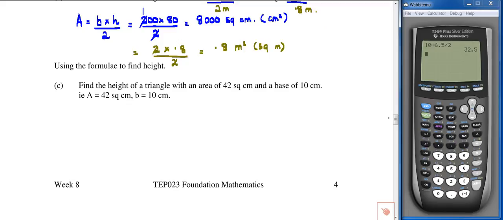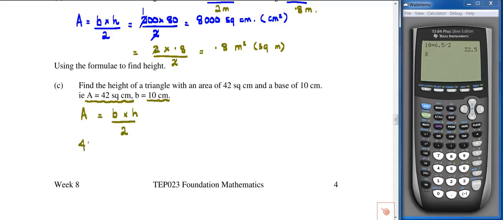Okay, last one on this page. We're going to use the formula to find the height. In this case, we're given the area and the base, but we're not given the height. Let's write down what the formula is, and now let's substitute in the numbers.